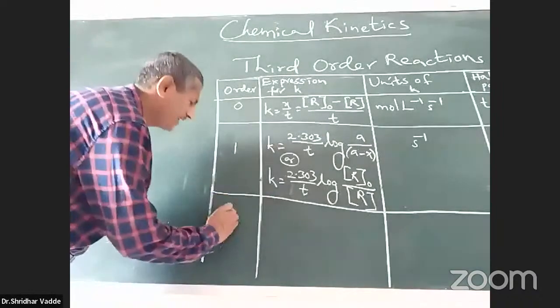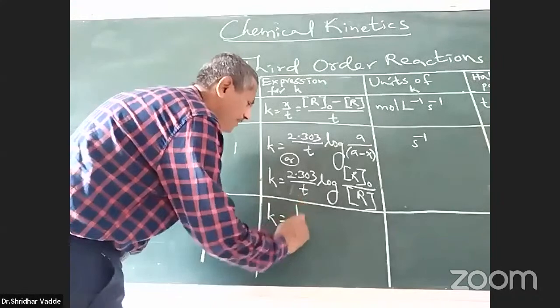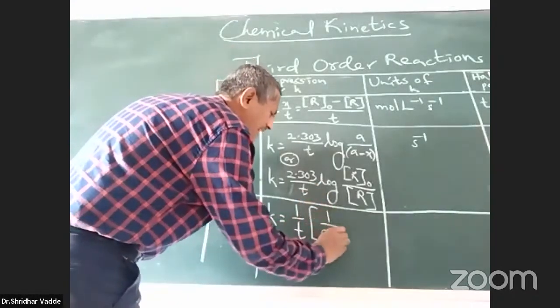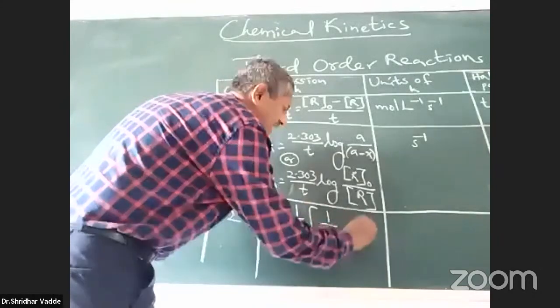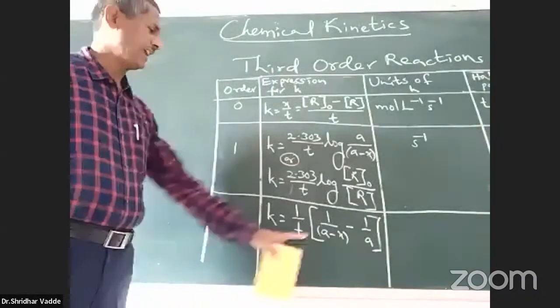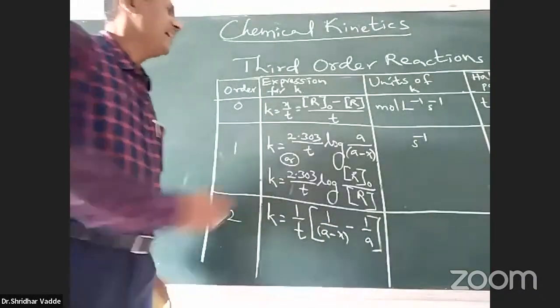And if you see the second order reactions, K is equal to 1 by T into 1 by A minus X minus 1 by A. Here, what are the units?